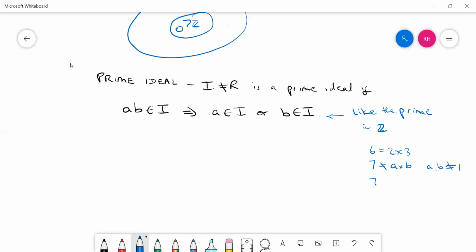So we would say that 7 is irreducible. That's the proper thing to say. But in the case of the integers, it's the same as saying that 7 is prime.